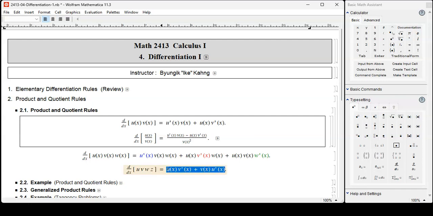And then that's going to be u prime v w z plus u v prime w z plus u v w prime z plus u v w z prime, like that. The first factor is a derivative, second factor is a derivative, third factor is a derivative, fourth factor is a derivative, and then we add them all up. 4 factors, so we have 4 things added. 3 factors, so you have 3 things added. 2 factors, you have 2 things added.